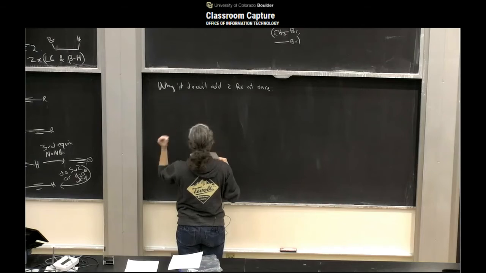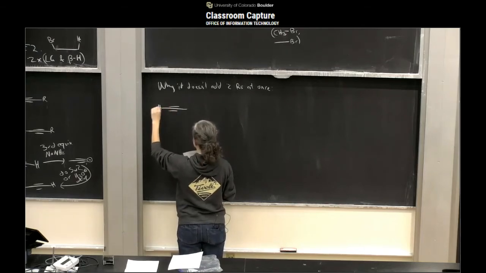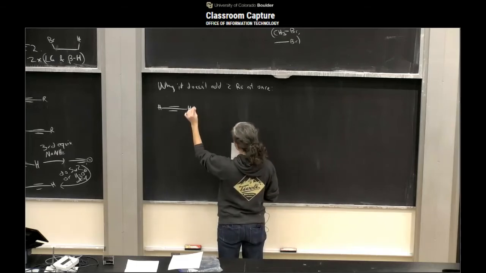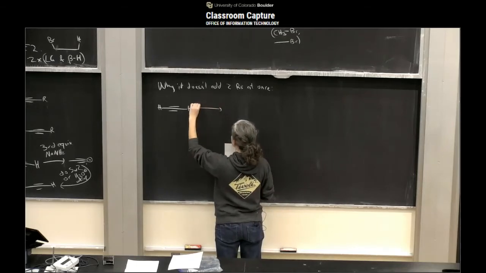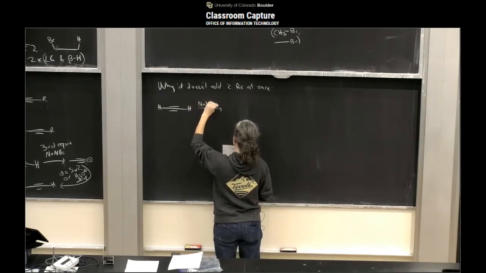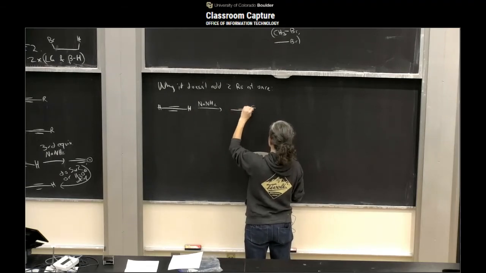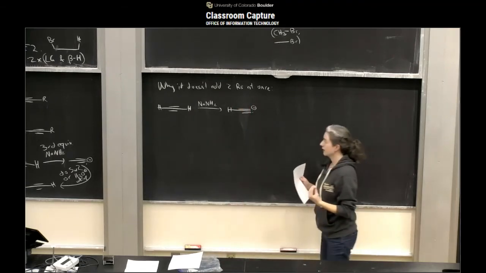So if you start out with this alkyne here, and you hit it with NaNH2, you're going to deprotonate one side first and get one of the H's off there.